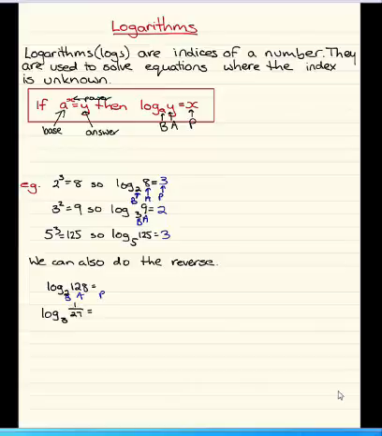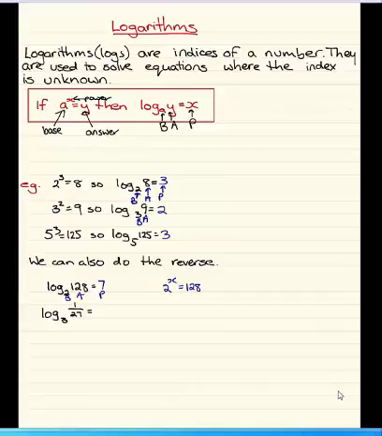So 2 to a power is equal to 128. Any ideas? Your power is 7. If you're not sure, just use your calculator and work it out, but 2 to the power of 7 is equal to 128.